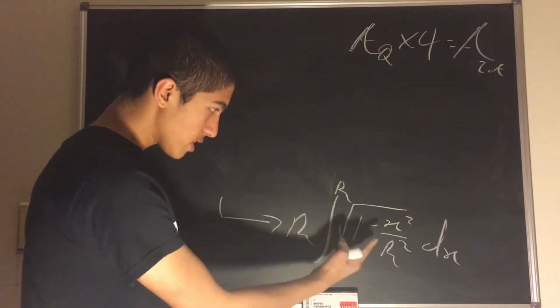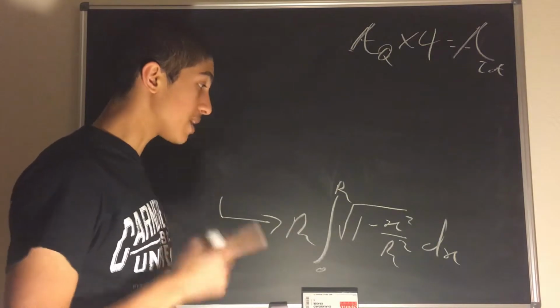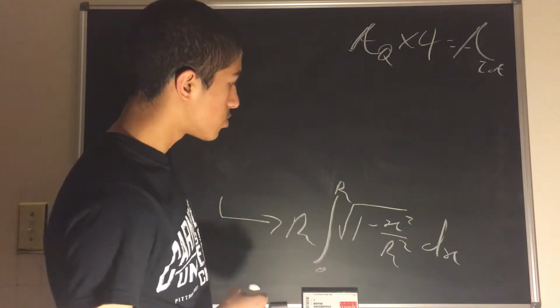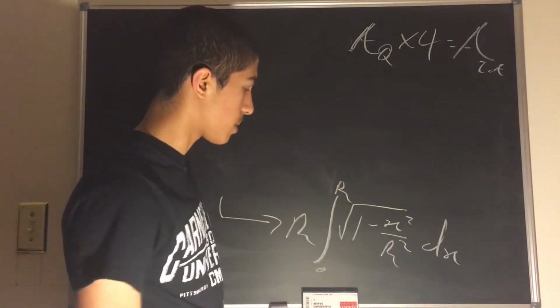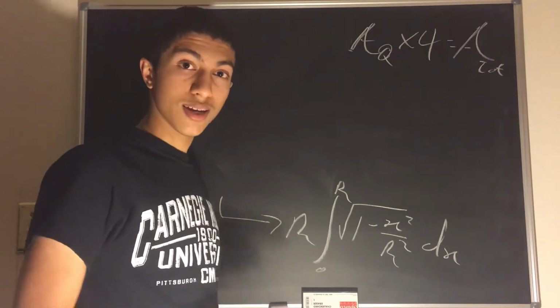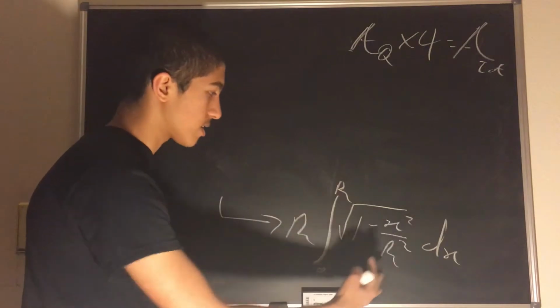So it's a fairly complicated integral to evaluate, but we have our trigonometric friends to help us because let's say that we substituted in sine squared theta is equal to x squared divided by r squared. Then we have 1 minus sine squared theta, and 1 minus sine squared theta is equal to cos squared theta. And then everything works out so perfectly.